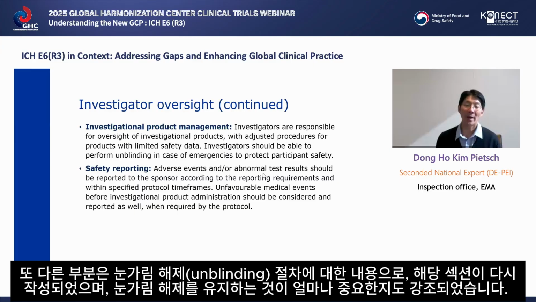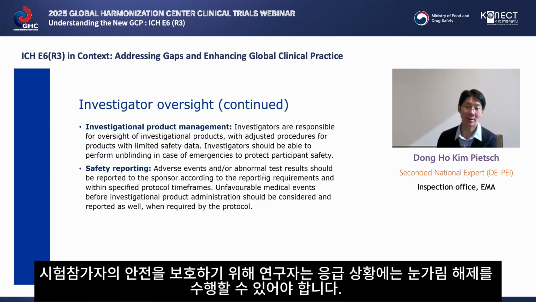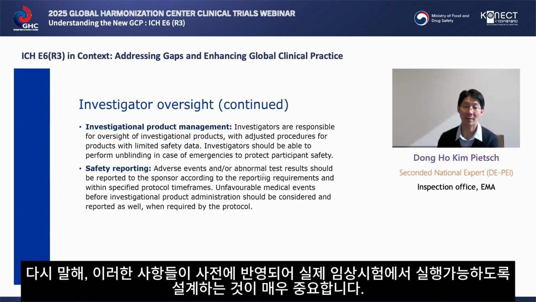Also, the sections on unblinding procedures have been rewritten, with the importance of how to keep the blinding procedures, and here the investigator should be able to perform the unblinding in case of emergencies to protect participant safety.